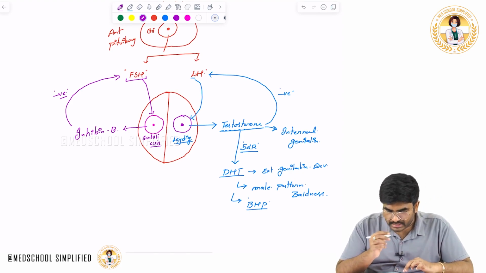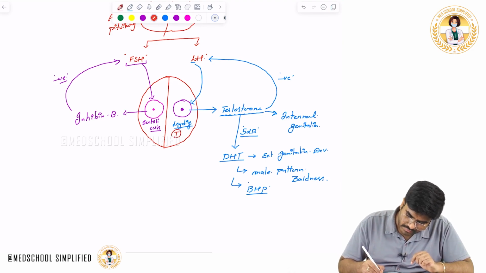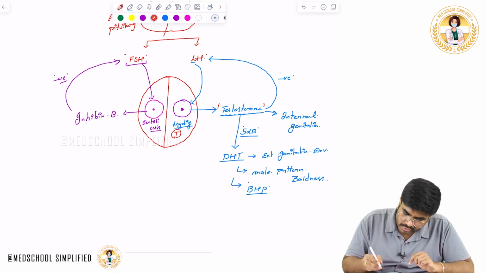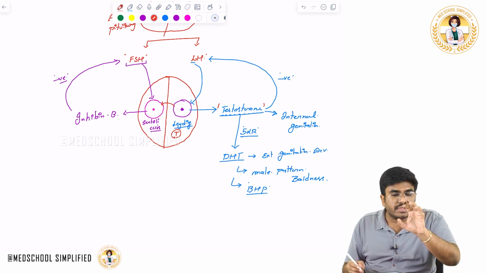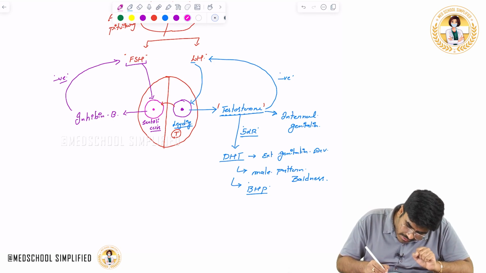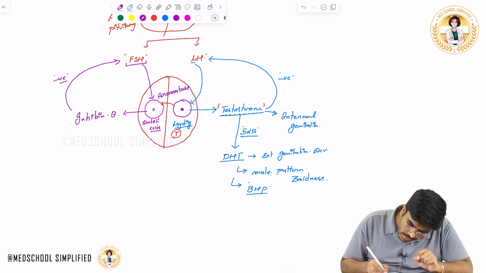Not only that, what else I want you to know is about the testosterone which is produced from the Leydig cell. Some amount, a little bit of testosterone, will come to the Sertoli cells. The Sertoli cells will take this testosterone. Now, with the help of the enzyme called aromatase, the testosterone will be converted into estrogen.